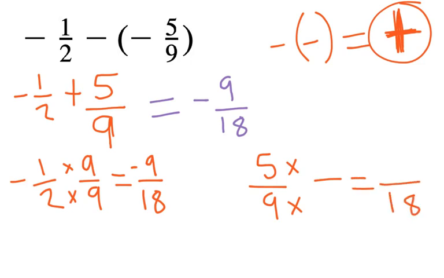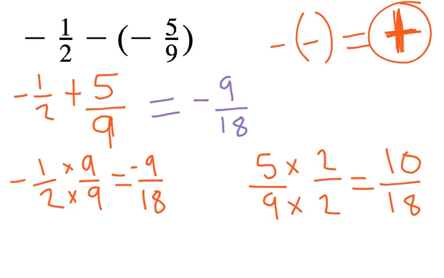What do you multiply 9 by to get 18? 9 times 2 equals 18. If I multiply the bottom by 2, I've got to multiply the top by 2. So 5 times 2 equals 10.